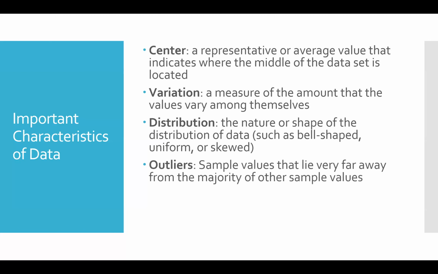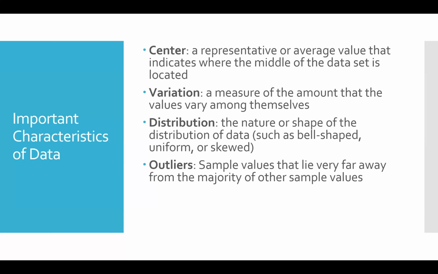Outliers is the fourth. Outliers are data values that, quite honestly, just don't seem to fit with the rest of the data set. I always think about a cow that's outlying in the field. It's standing way off by itself. It's outlying in the field.